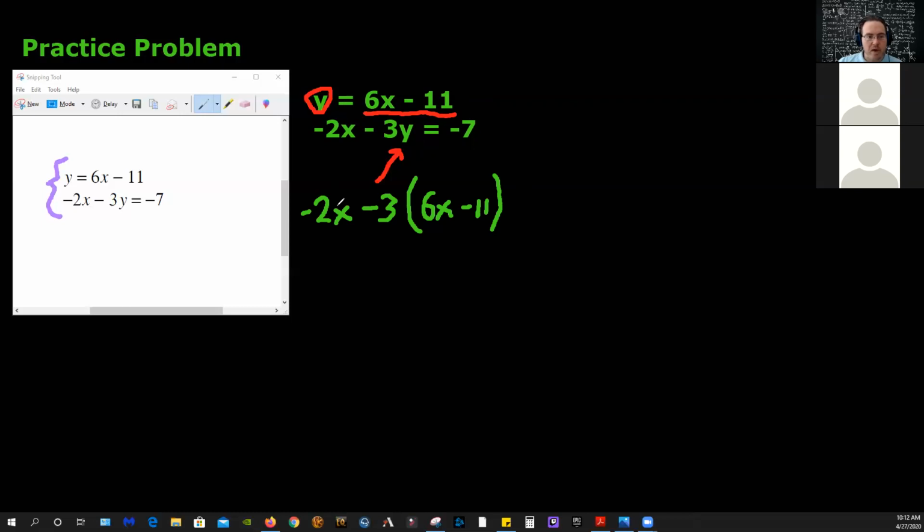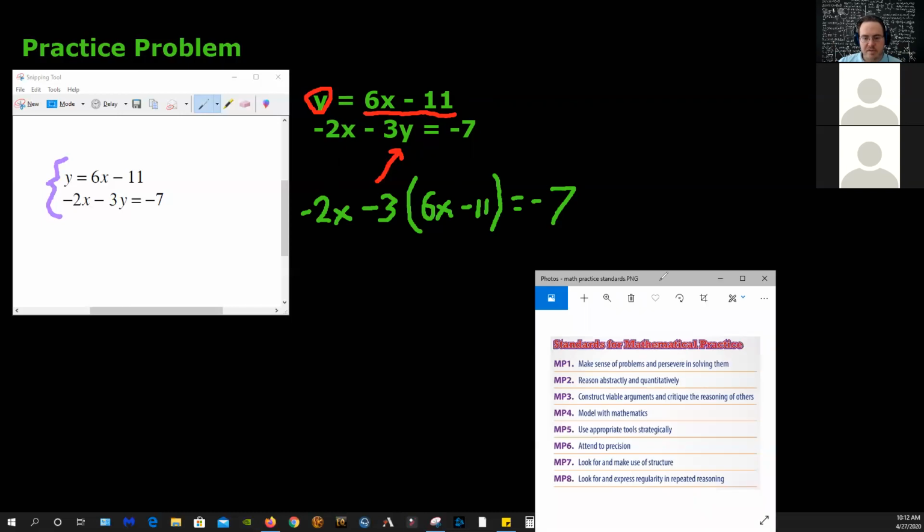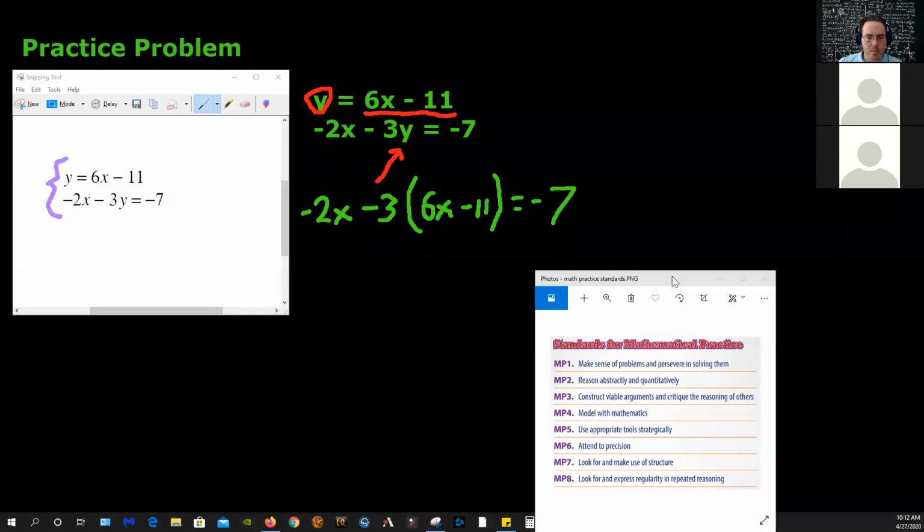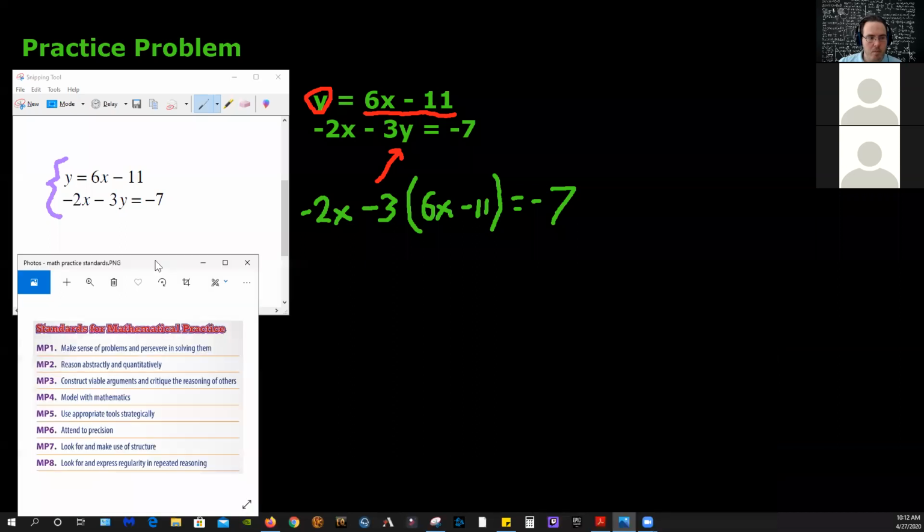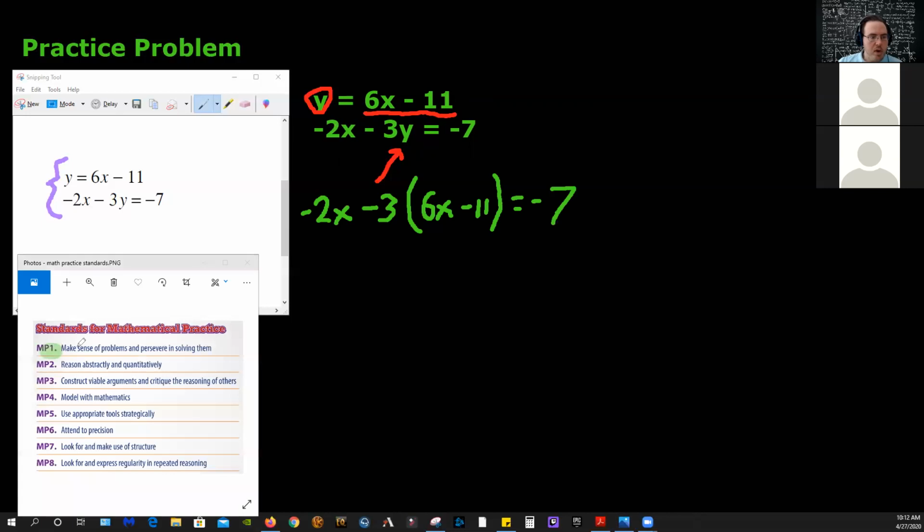So negative 2x minus 3, and then we put in the y, equals negative 7. Okay, so that is step one. You're setting up your problem right now. Speaking of setting up the problem, let's get our math practice standards on board. We are making sense of our problem, and we're setting up some structure right now.